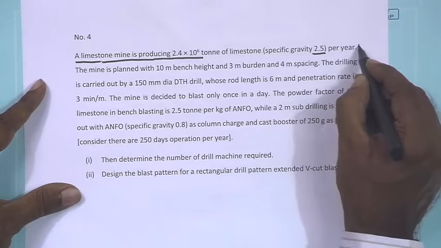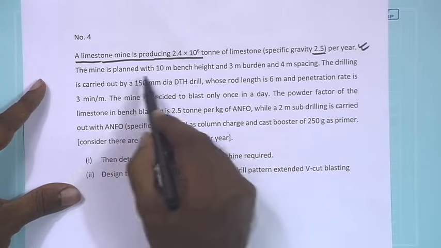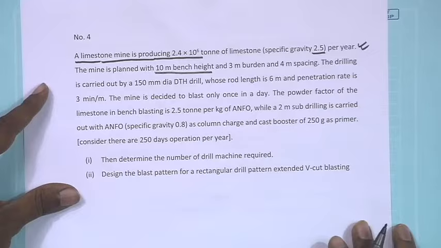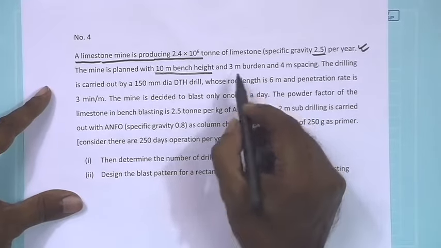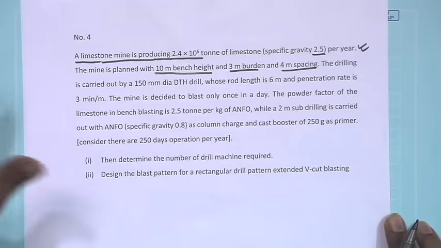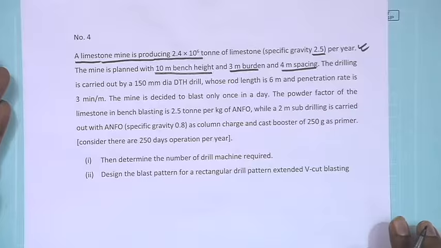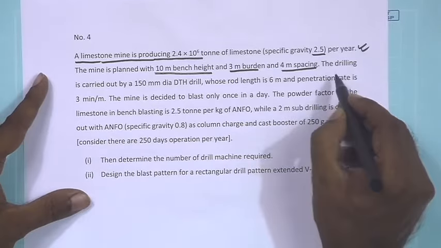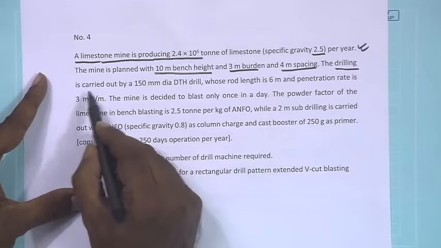This is the production target, and the bench height is also fixed as per the requirement of the shovel boom length. Burden and spacing we have already designed using the Lange-Fors-Kihlstrom criteria or from our trial blasting etcetera. The drilling is also fixed.